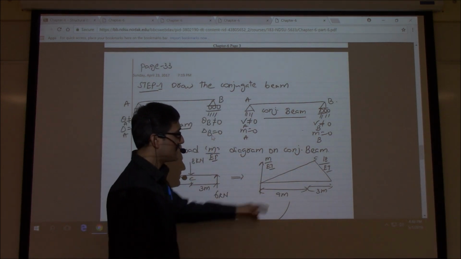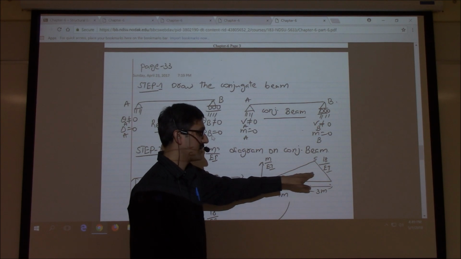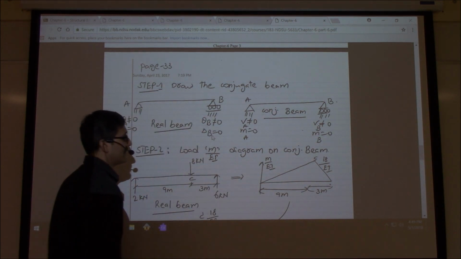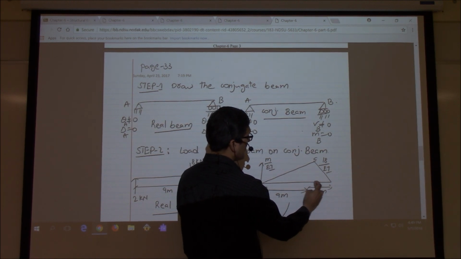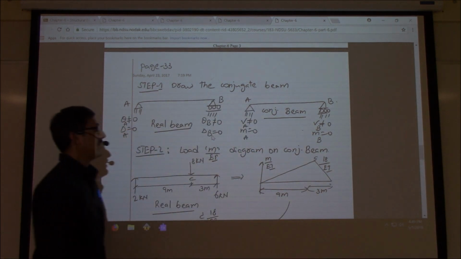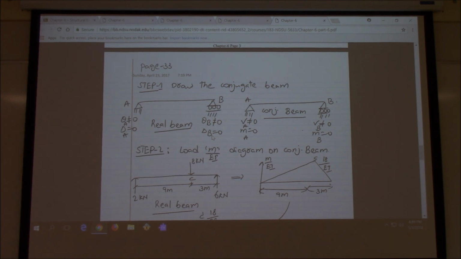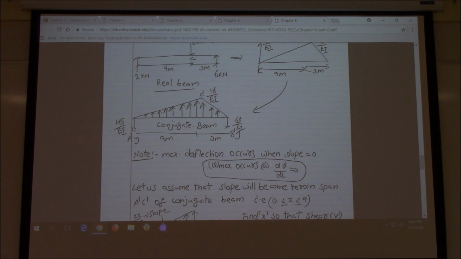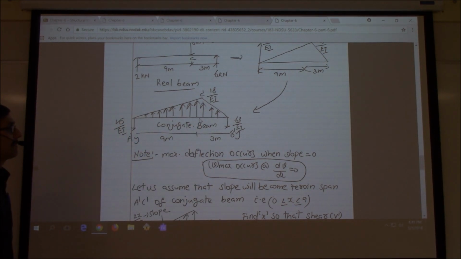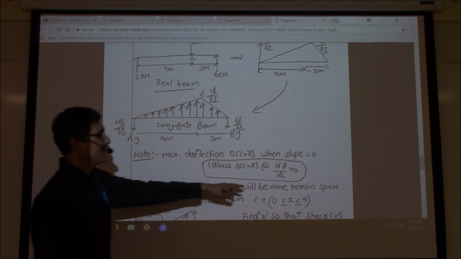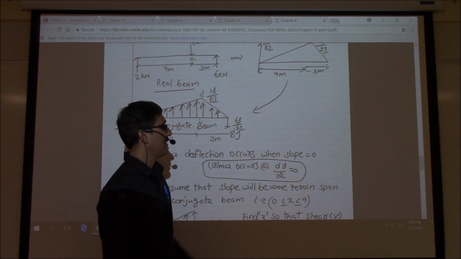The most important thing is this point C is not at the center, so this span is not equal to this span. And somehow I assumed that the maximum deflection will happen in the span A prime C prime, which is nothing but this span. So if the deflection is maximum, that means dv by dx is equal to 0, where v is the deflection.